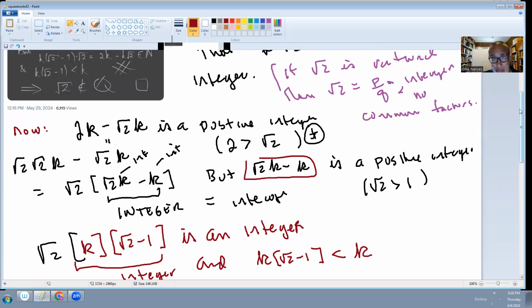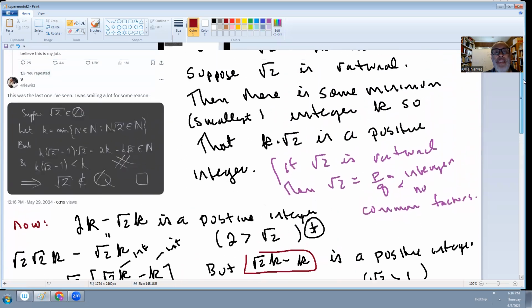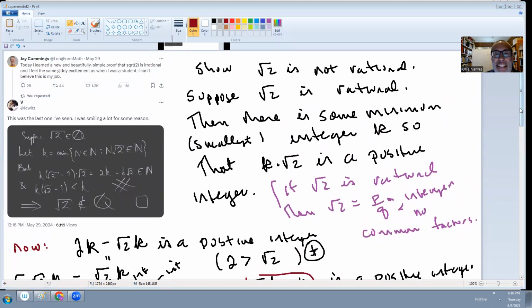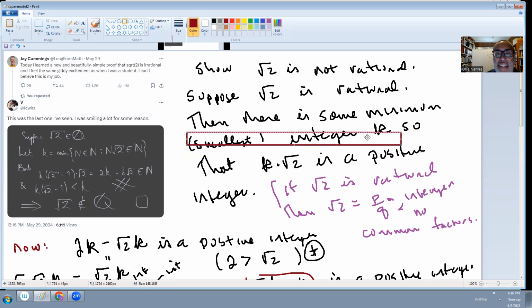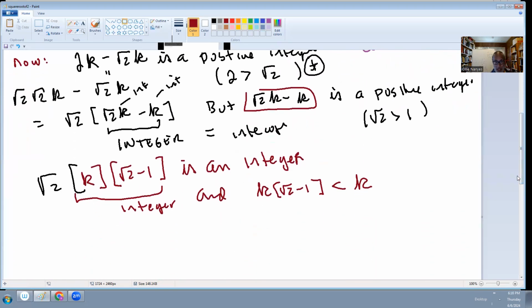Okay? But what did we assume was true about k? And this is the thing. We see right here, some minimum, smallest integer k such that the square root of 2 times k is an integer. But now we've displayed an integer less than k that, when multiplied by the square root of 2, gives an integer.